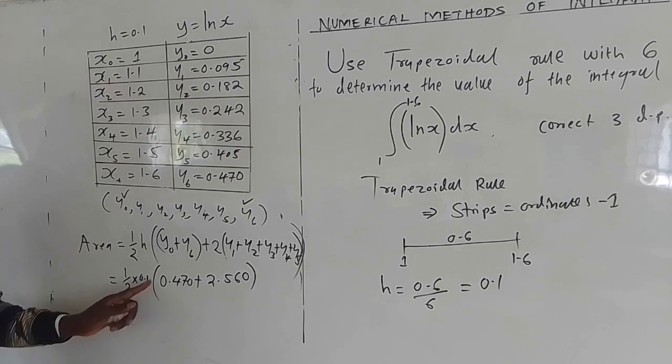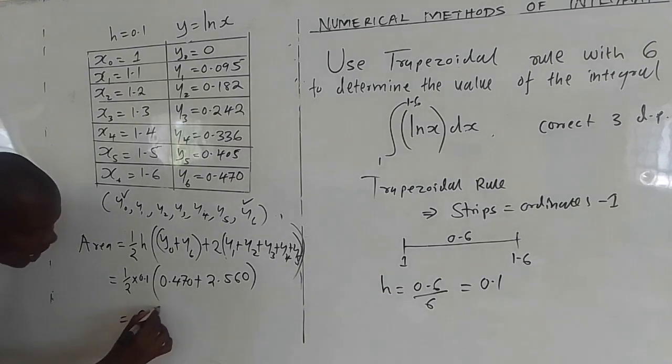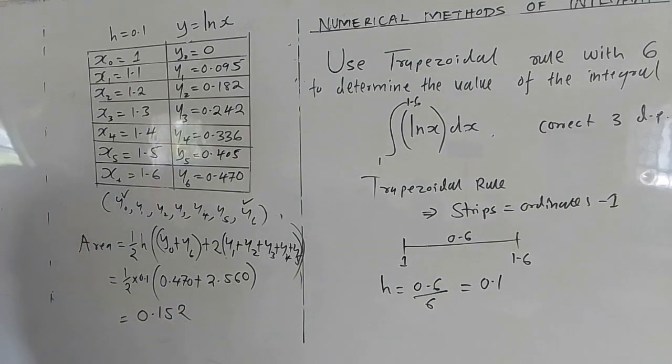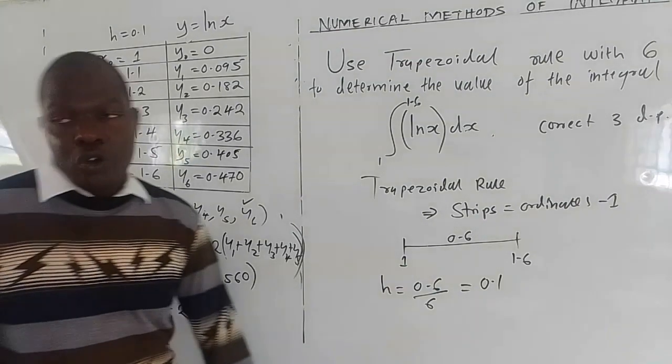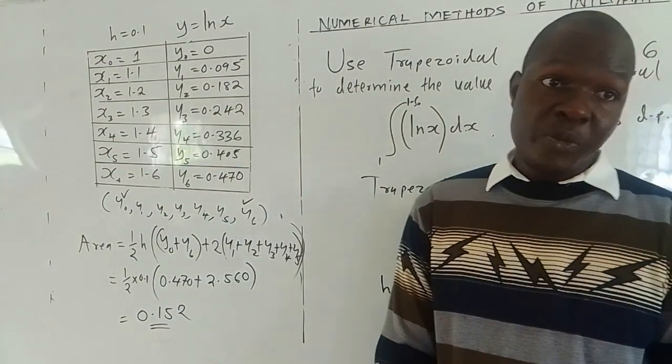So what is half times 0.5 in bracket? You add that. What do you have? 0.152. So in trapezoidal rule, we are also getting 0.152 because it was in 3 decimal places.